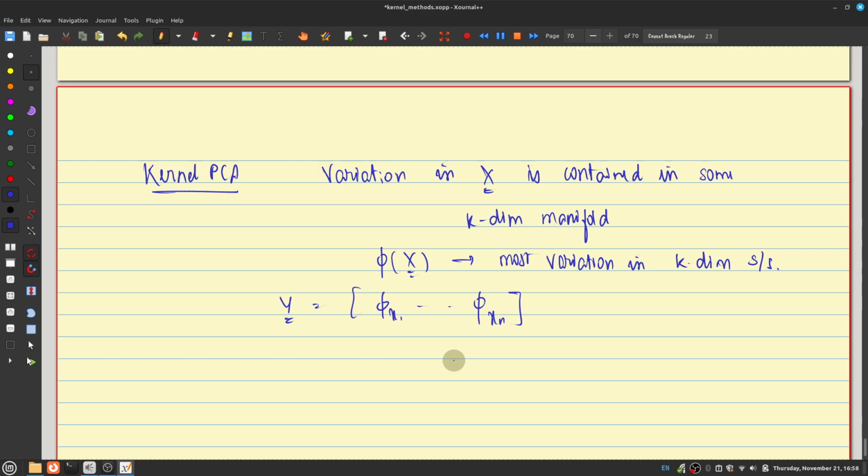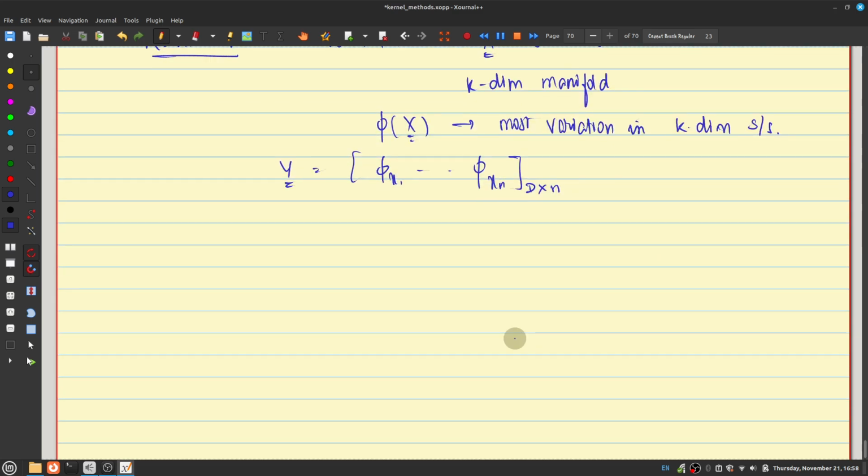So you stack all of the feature vectors as a big data matrix. This is a capital D by n matrix, where capital D is the dimension of the feature space. So PCA would amount to finding the top k eigenvectors of YY transpose.